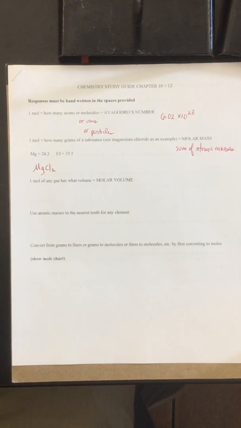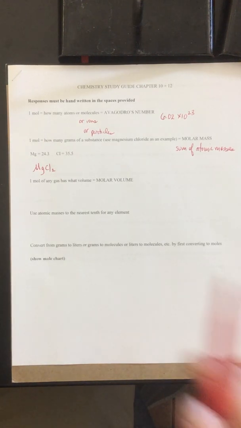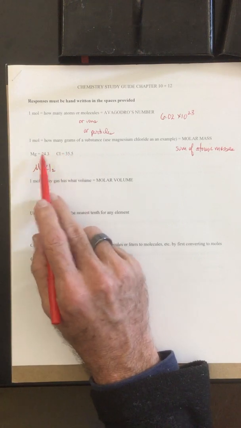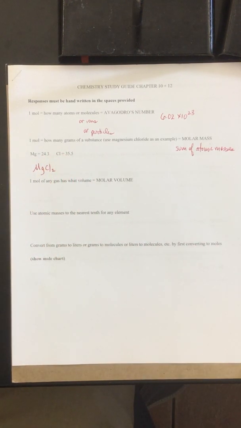I'd like you to do that right now by listing the atoms present, indicating the number of atoms of each element, multiplying them by their atomic masses, and then adding those all together. Please do that right now and pause.